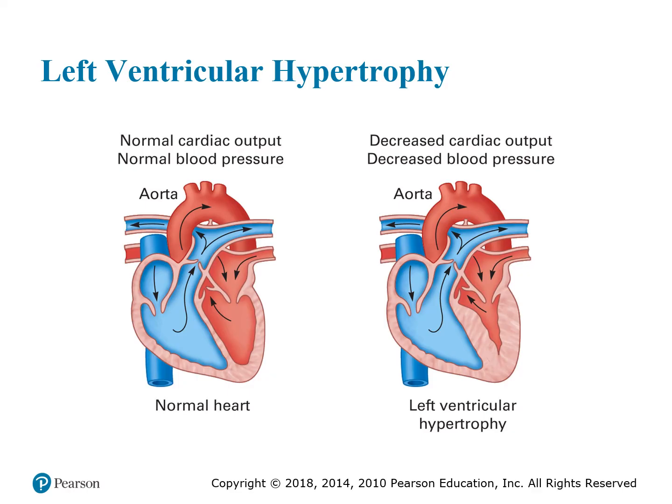That's probably desired. But in cardiac muscle, that increase in mass is going to reduce the space inside the ventricle. And with that reduction of space inside the ventricle, you're not getting enough preload, and therefore your cardiac output will go down, and therefore your blood pressure will go down. And this is just another cause of heart failure.